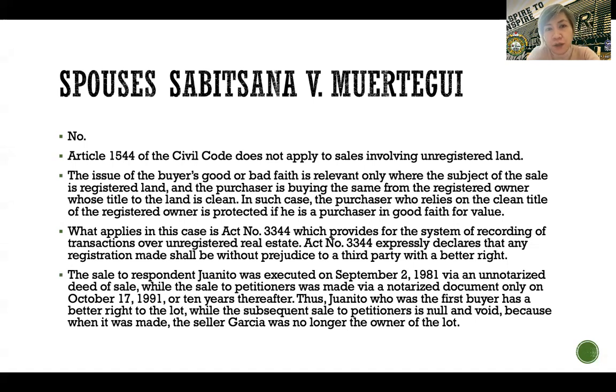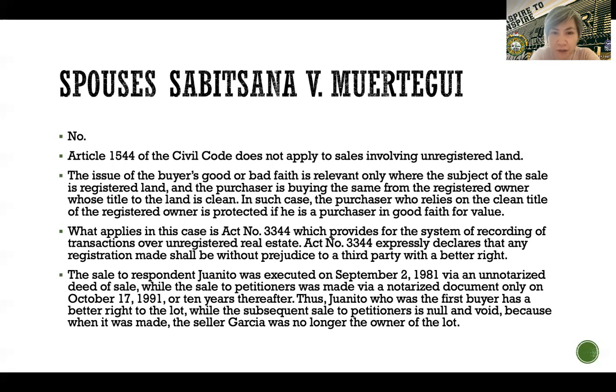Okay, in Radio Wealth Finance versus Palilio, A sold a piece of unregistered land to B, and B immediately took possession and made improvements while the registration proceedings were still pending. The deed of sale, however, was not registered.